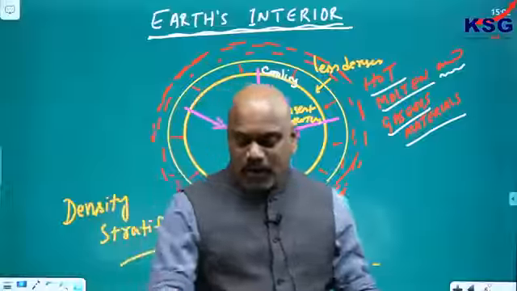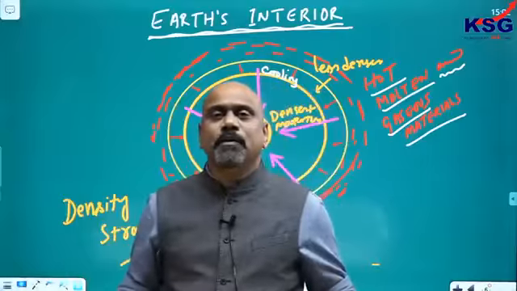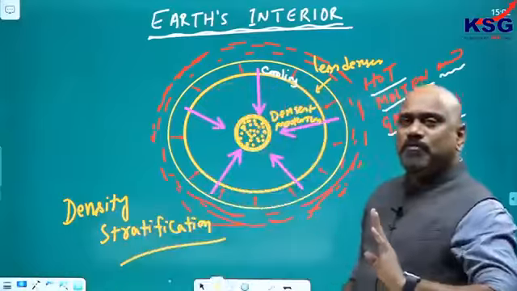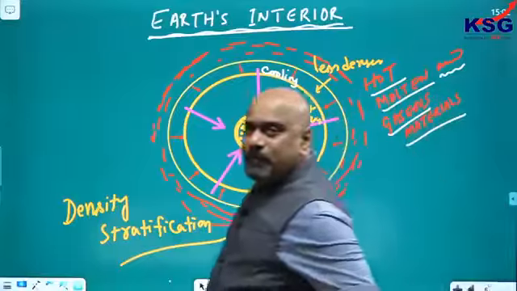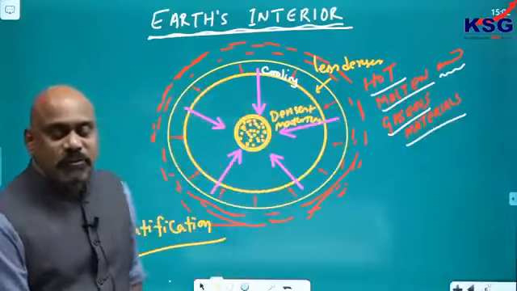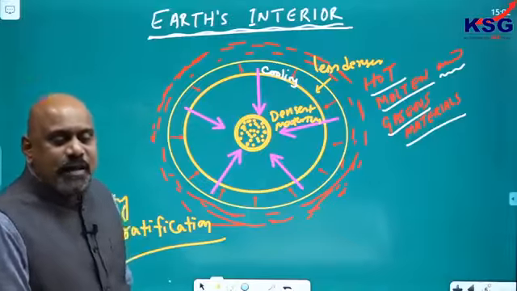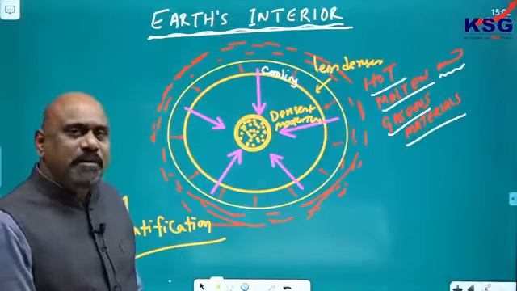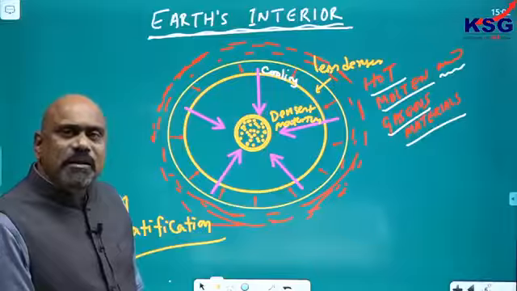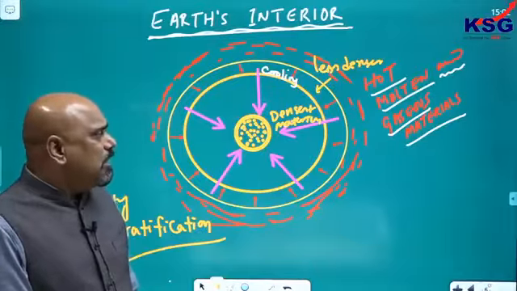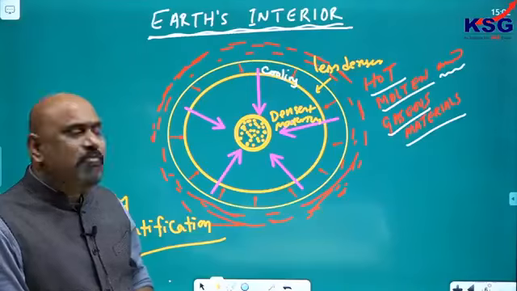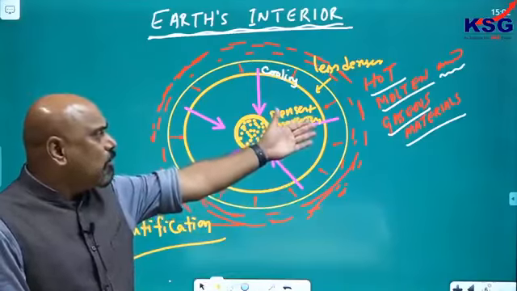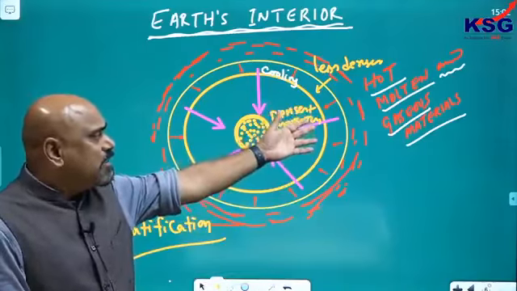You look at any theory on the evolution of the earth, every theory says one thing: that the present earth evolved gradually due to cooling and solidification of hot, molten and gaseous material.